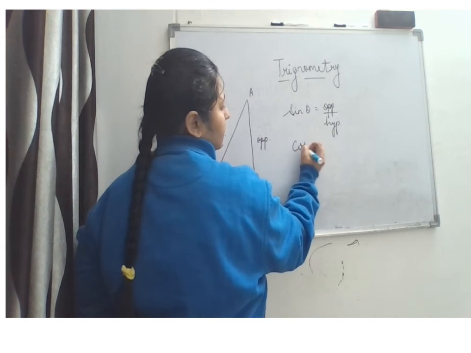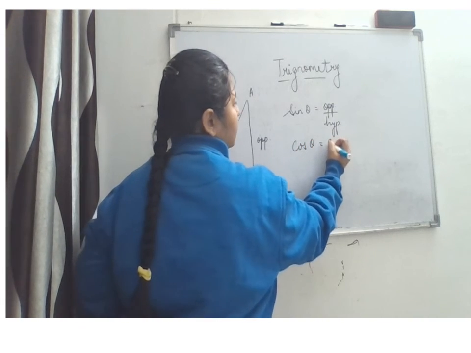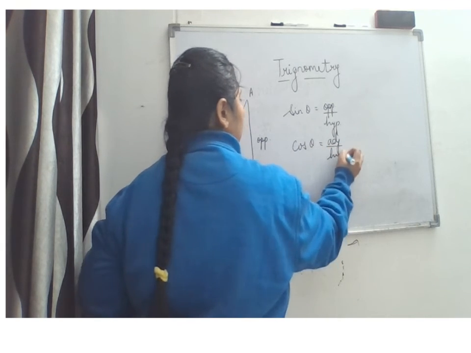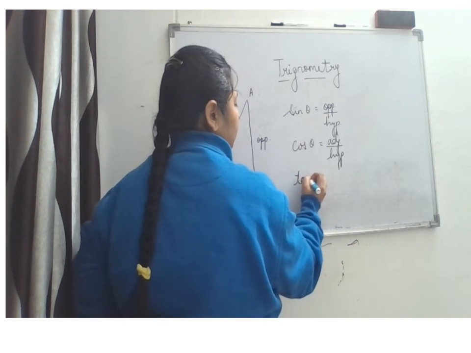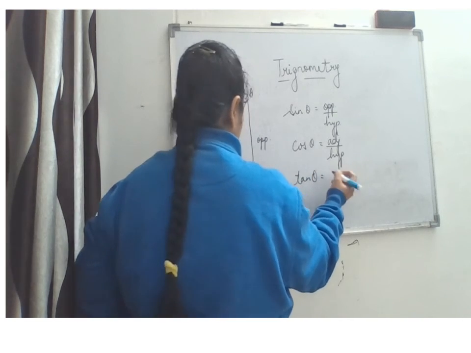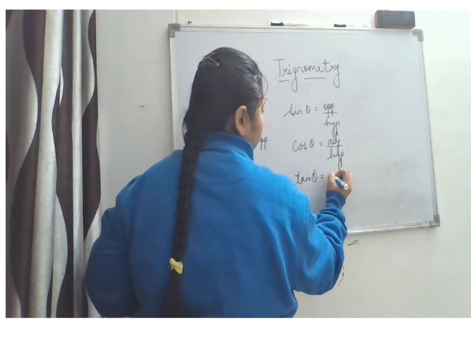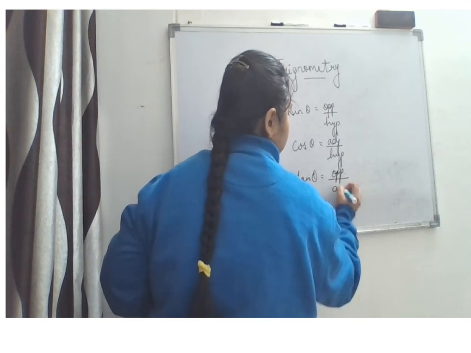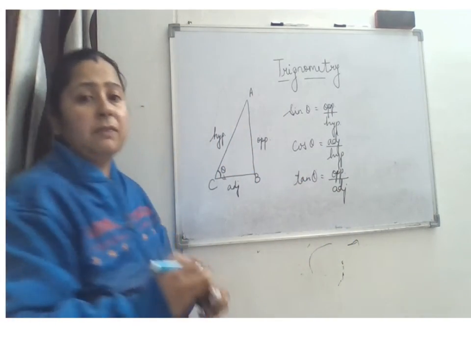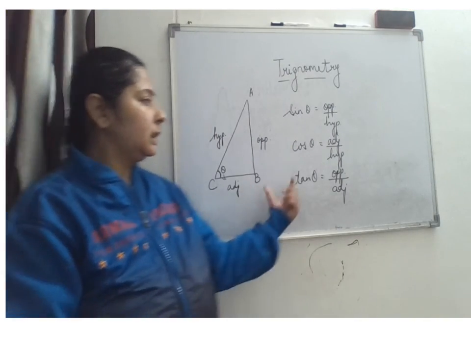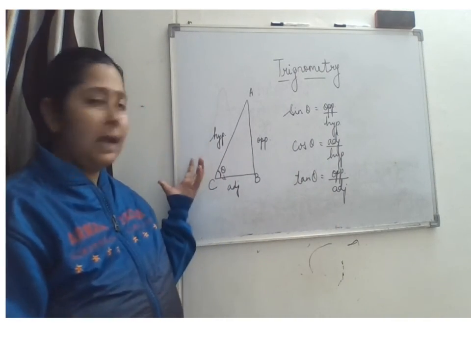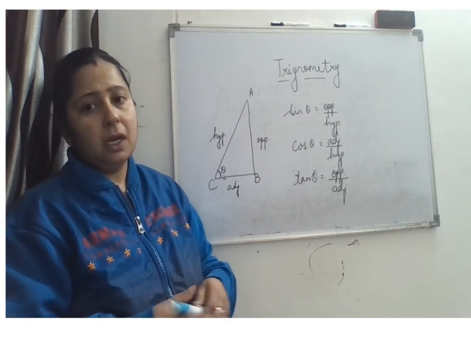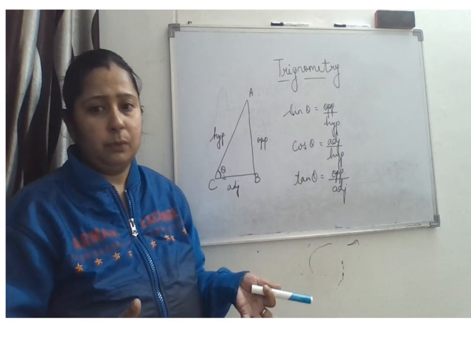Similarly, cosine theta is your adjacent side by your hypotenuse, and tangent theta will be your opposite side by your adjacent side. That will be your tangent theta. Depending upon the angle and the other things, we are going to solve each and every question in trigonometry and measure every angle.